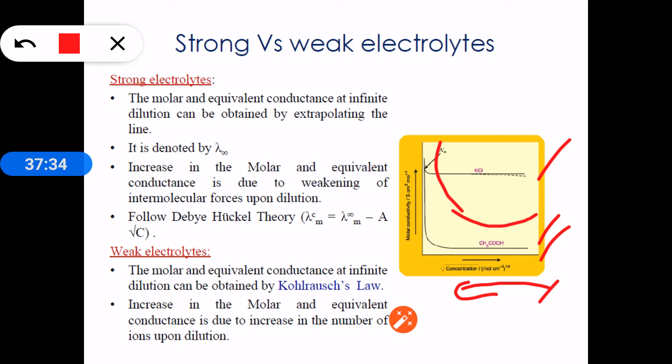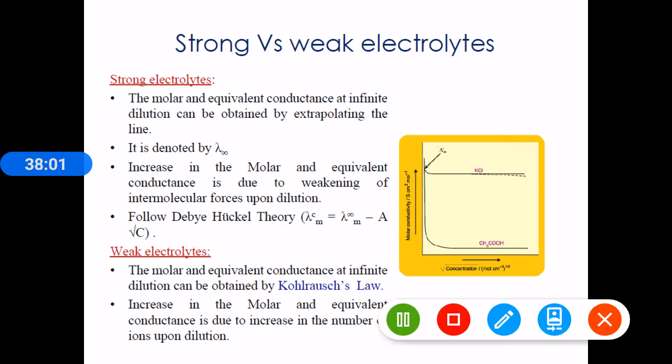So on increasing the dilution, their conductance value increases by a very small amount, because at ordinary dilutions they are already completely ionized. So even on dilution the number of ions will not increase, so the conductance value increases gradually, and at infinite dilution the conductance can be obtained by extrapolating that graph.